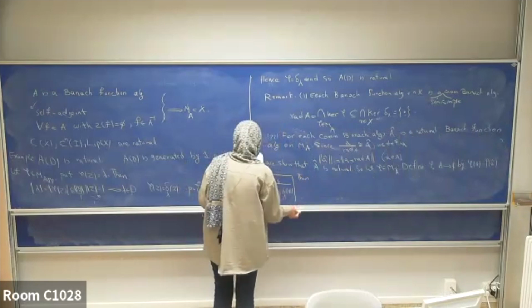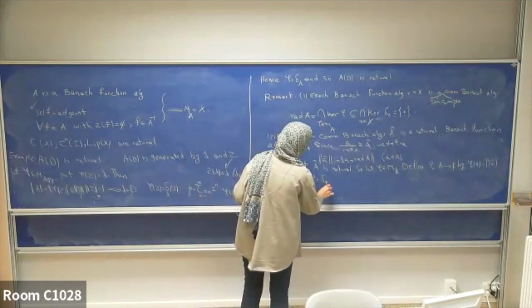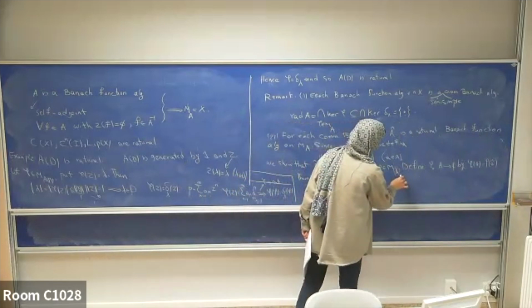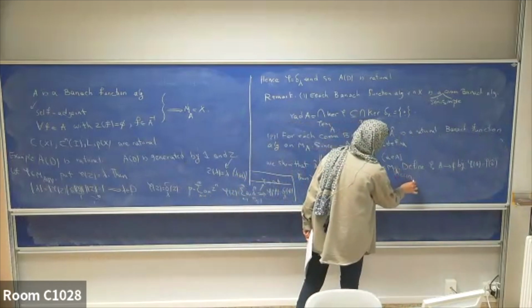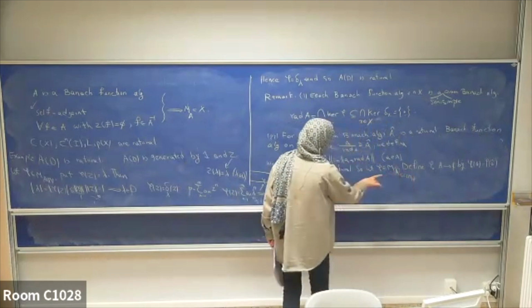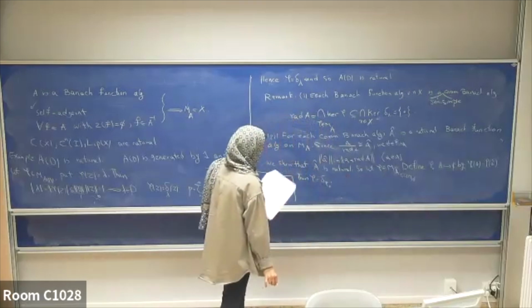Then we see exactly the deltas, because A hat is a subalgebra of C of M of A, and we find an element here such that phi is the evaluation homomorphism at p0.